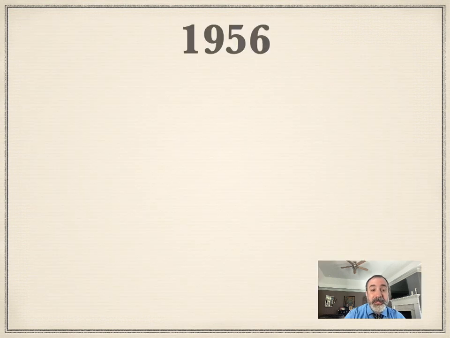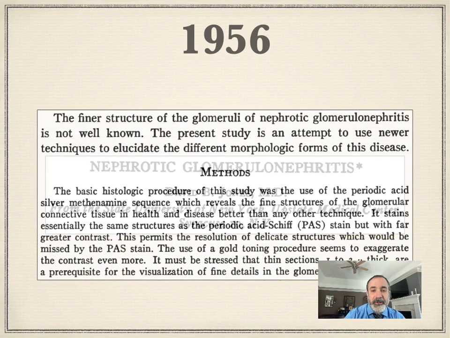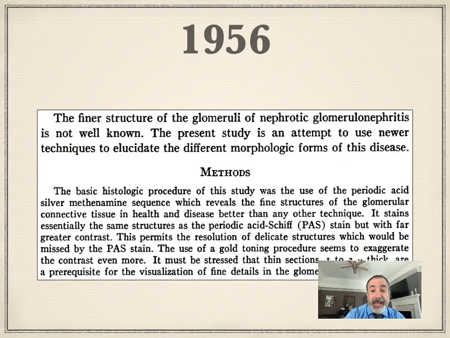In the midst of this explosion, or more accurately as a result of it, an article was published presenting a new histologic stain developed to better visualize the finer structures of the glomerulus, with even finer contrast than the periodic acid shift stain. It was called the silver methanamine stain, or silver stain for short.